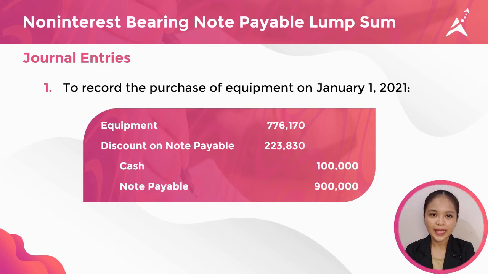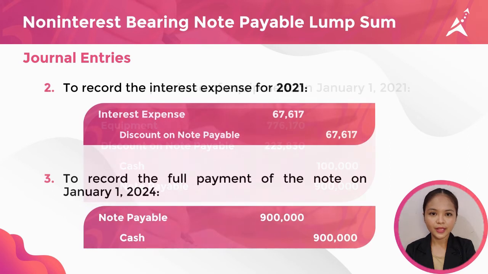Next, we will credit cash for 100,000 pesos, which is the down payment. And lastly, we will also credit note payable for 900,000 pesos, which is its face amount. Our second journal entry is to record the interest expense for 2021.